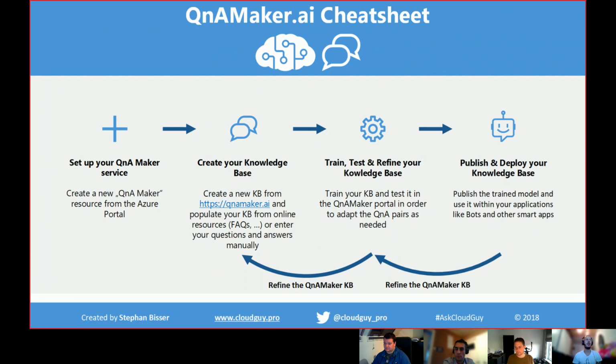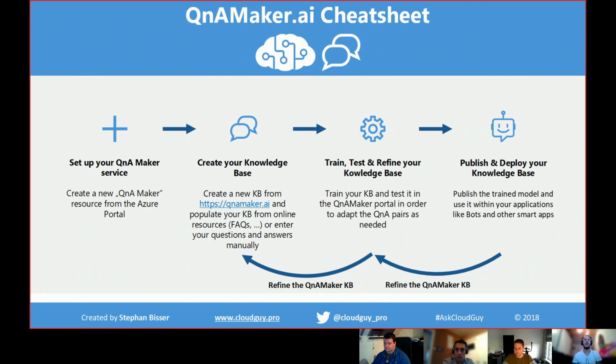And if you're happy with the results of testing, you simply publish your knowledge base, which means the API endpoint will be accessible from then on, and the trained model will be published, and applications like your bot in the end or other applications are ready to use that endpoint.